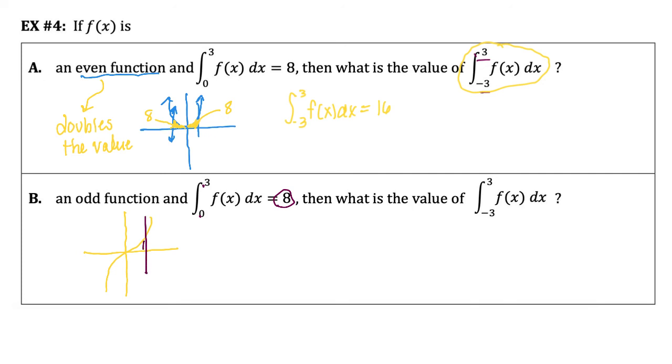So I'm going to chop it off and say, okay, I know this area right here is 8. And I'm going to go back to -3, and I'm going to bind that area. Well, notice this one is below, but it's the same area, low but same.